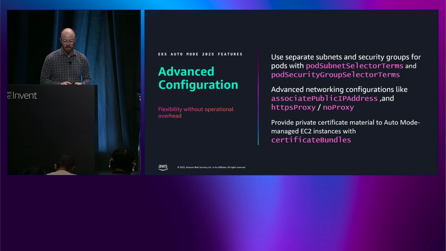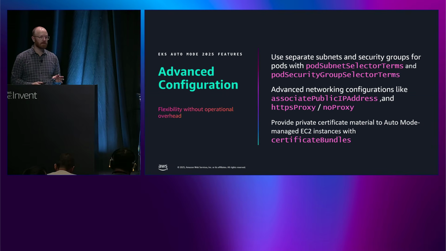This is particularly valuable for organizations with internal PKI systems or custom cert authority requirements. These additions make it so that Auto Mode's operational simplicity is paramount while still giving you the configuration flexibility that you need to meet your specific organization's requirements.